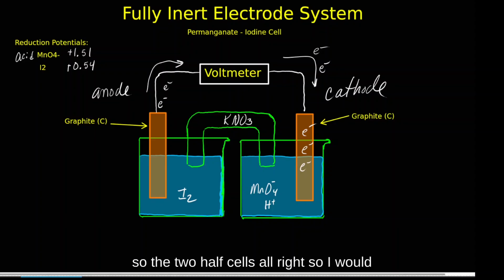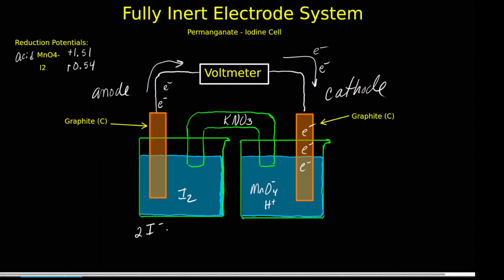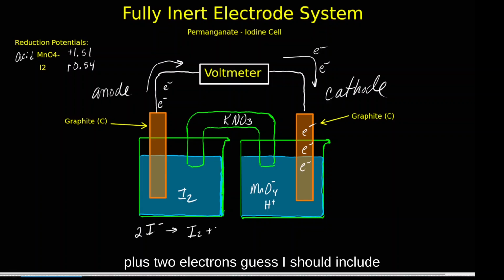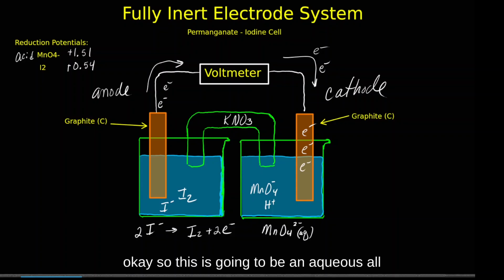All right, so the two half cells. I would have to have 2 I negatives to produce I2 plus 2 electrons. I should include an I negative here in solution. All right, on my permanganate side, this is going to be aqueous.